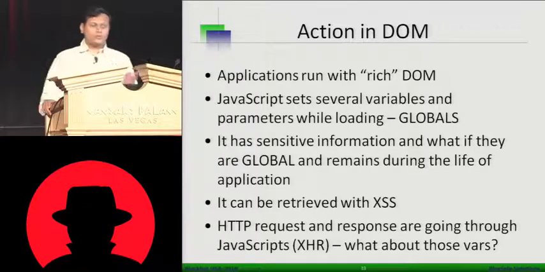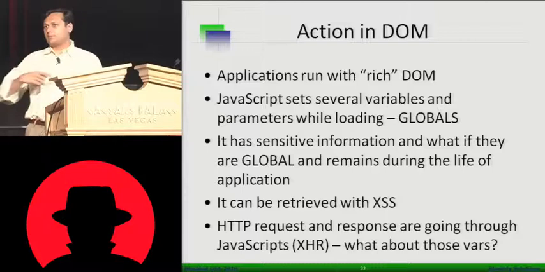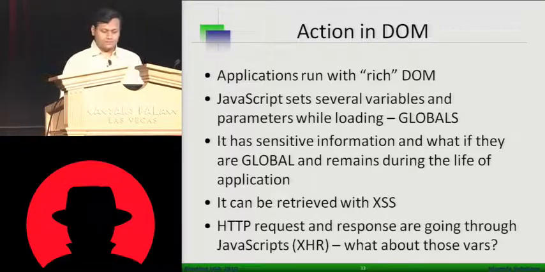So one area is you can start extracting these globals. Second, there is sensitive information in the variables, maybe a username, passwords, maybe session IDs, UIDs, etc. It can be retrieved with XSS, and HTTP request and response are going. So you have a JavaScript XHR going, so you can actually steal XHR calls as well.